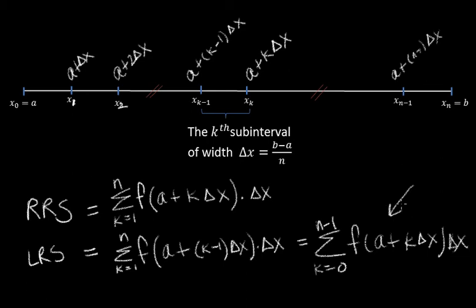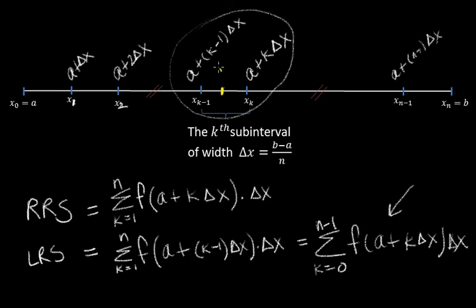The main thing to remember is this drawing up here. How do you find formulas for the left endpoint, right endpoint, and midpoint? Now for midpoint, I think I'll do it in yellow. If we want to choose the middle of each subinterval, the midpoint, as c sub k, we need a formula for it.